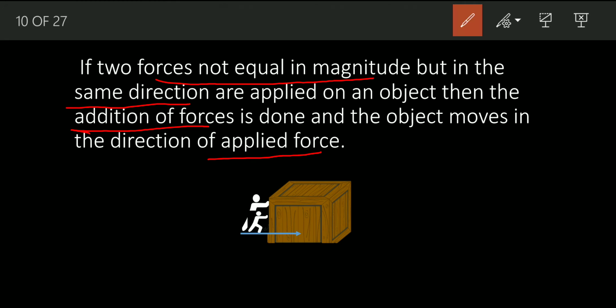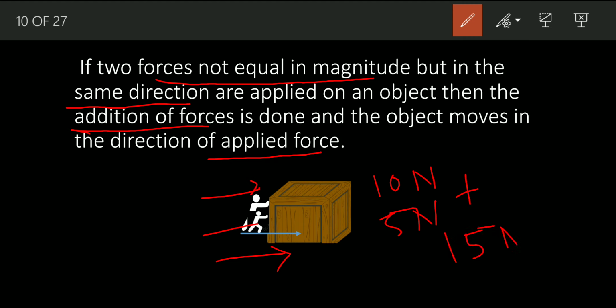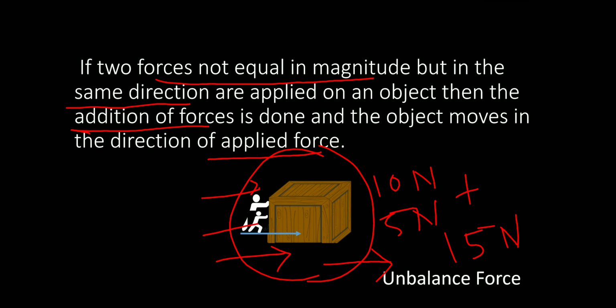One force you have applied of 10 Newton. Now again you have applied another force of 5 Newton in the same direction. In such cases we add these forces and now we have 15 Newton net force applied on this object and the object will move in this direction. Okay. And such forces are called unbalanced forces.